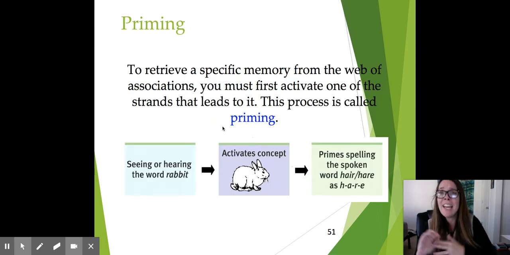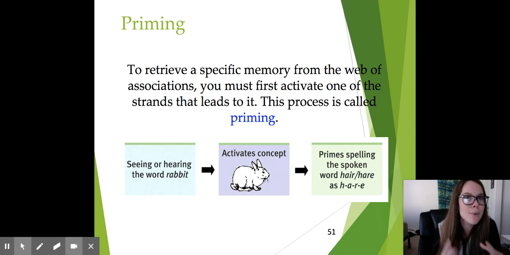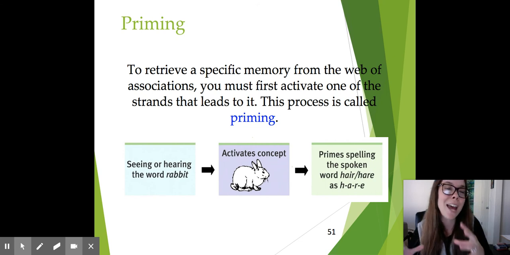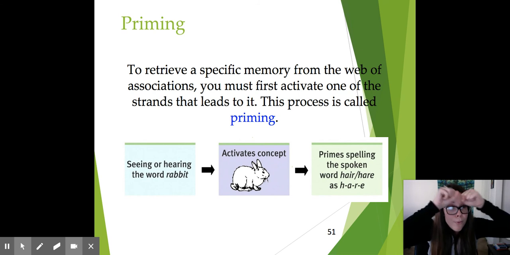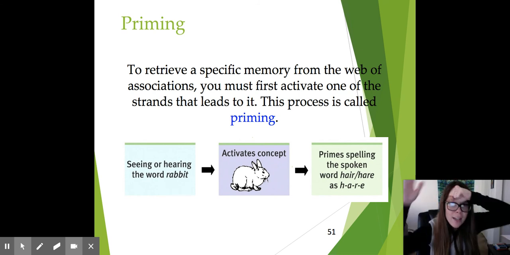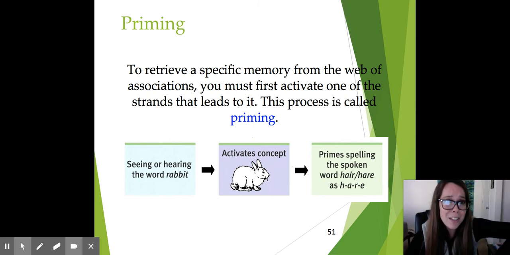And then we also have a way of priming. To retrieve a specific memory from a web of associations, you must first activate one of the strands that leads to it, right? So in order to get to Pavlov, you have to first know where we can find Pavlov. Okay, he's a behaviorist. I get to Pavlov, and then I remember he's a part of classical conditioning. It's involuntary, right?